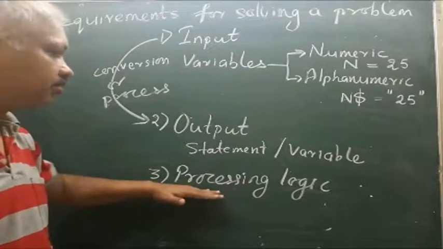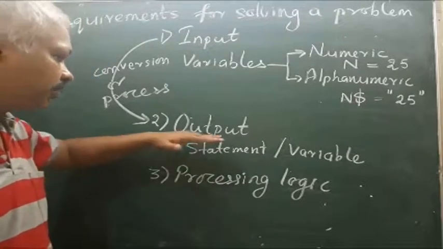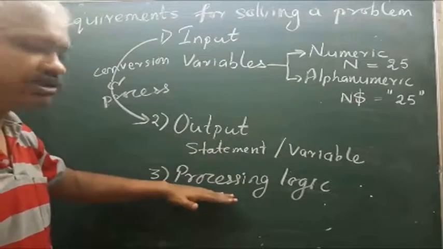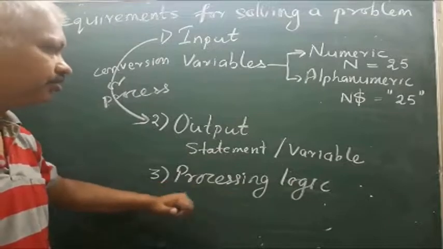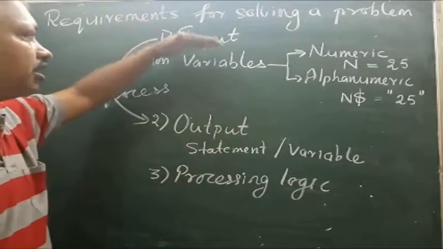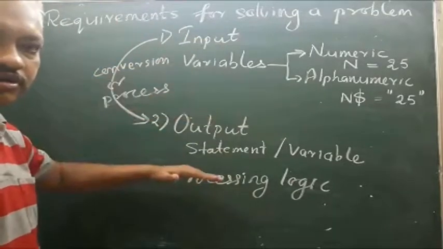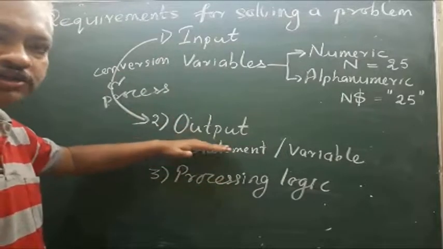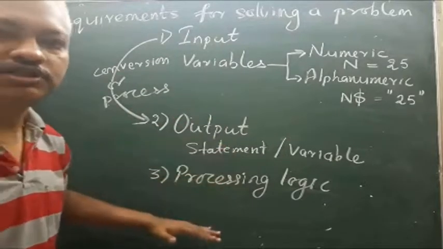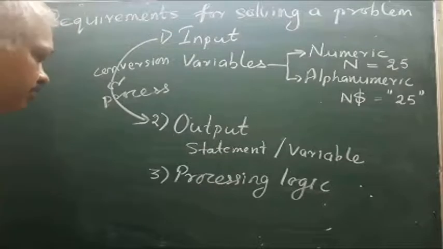This is very important. Depending on the output, the processing logic will be different. The input may be the same, but if the output is different, the processing logic will be different. Remember this.